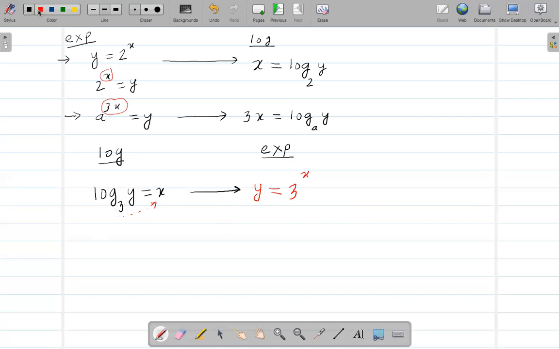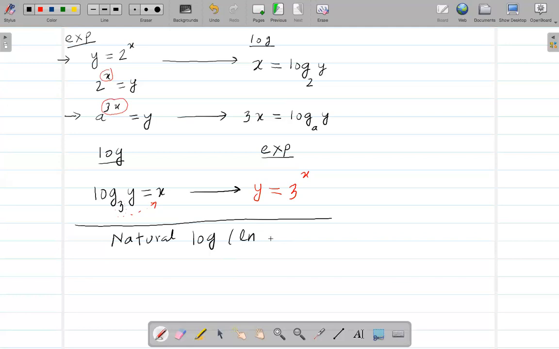Okay, the next thing I want to introduce is called the natural log. The natural log is ln, and whenever you see ln, that means this is a natural log.